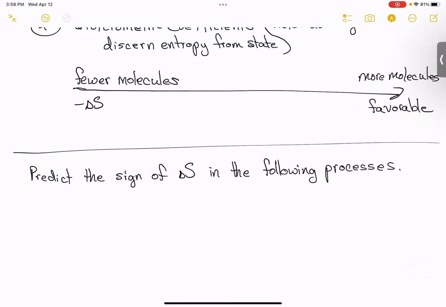Predict the sign of delta S in the following processes. We'll start straightforward. Let's go, the creation of steam.